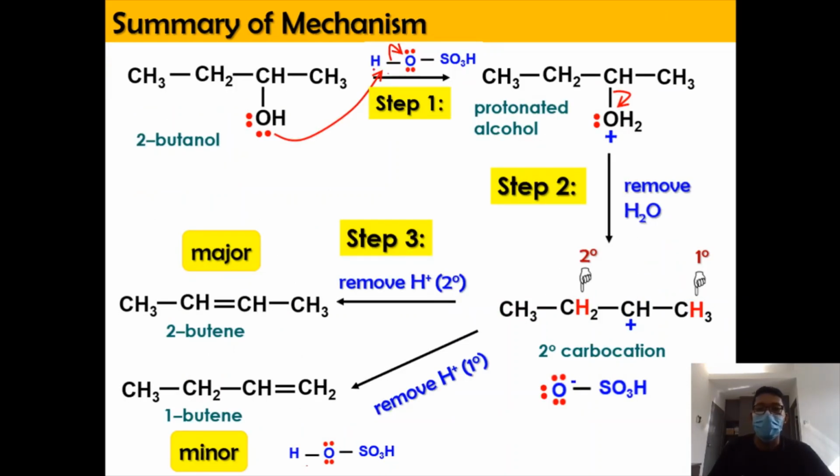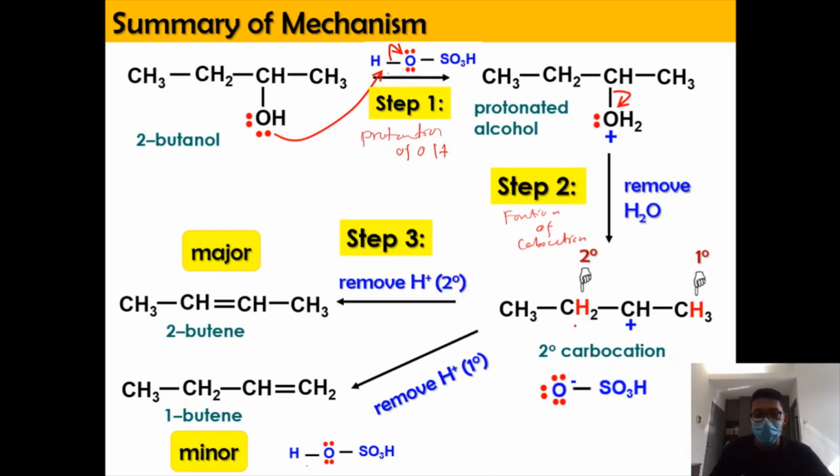Now here is the summary of what I have shown just now. For step number 1, it is the protonation of OH, where the OH has been added with a proton and it will become OH2+. After that, we're going to break the bond in order to form a carbocation, which is step number 2, the formation of carbocation.